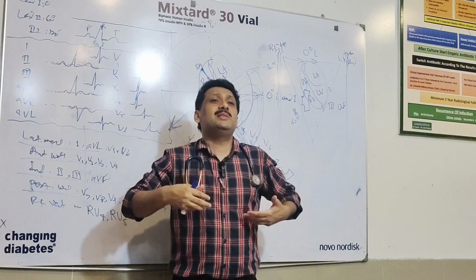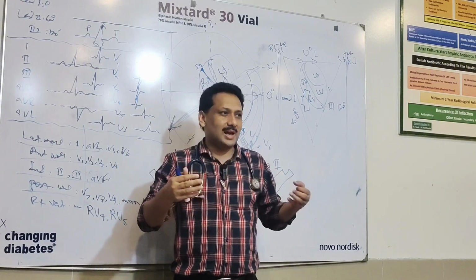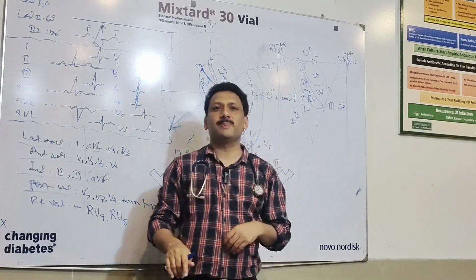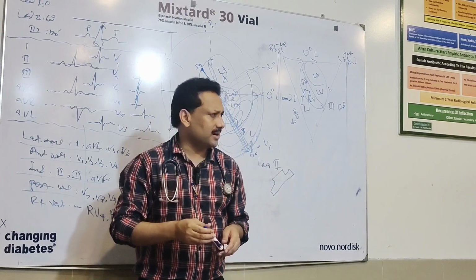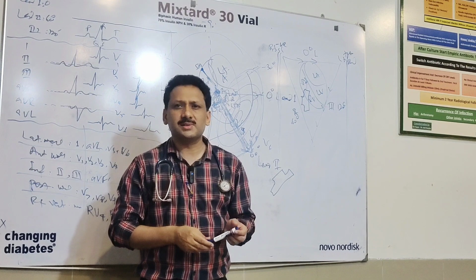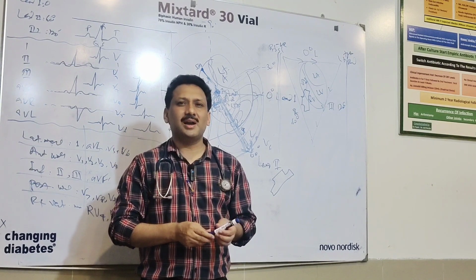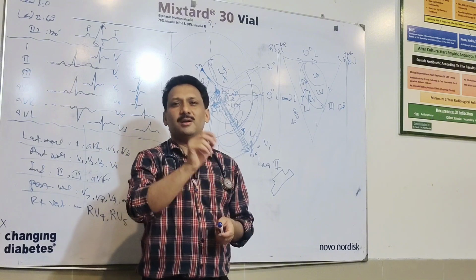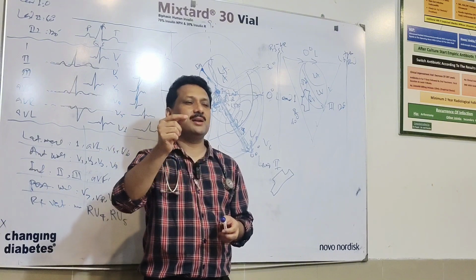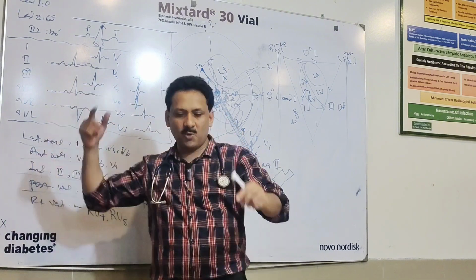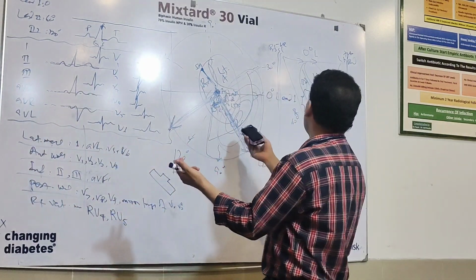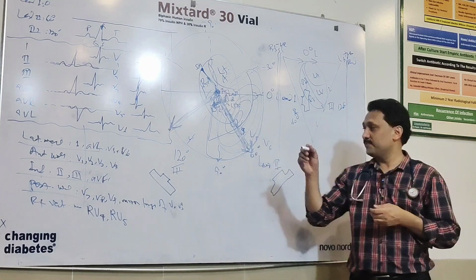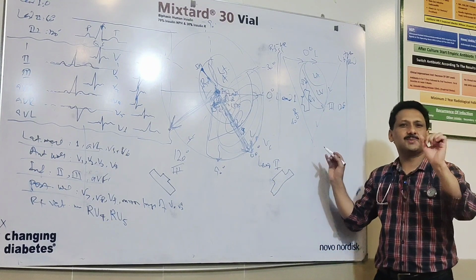And why would I be thinking, in a certain person, that his right-sided ECG should also be done? This is the last thing I would like to tell you before we close this session. Before understanding this, the final concept in 1 minute, because this is the most important thing you need to know: the blood supply.